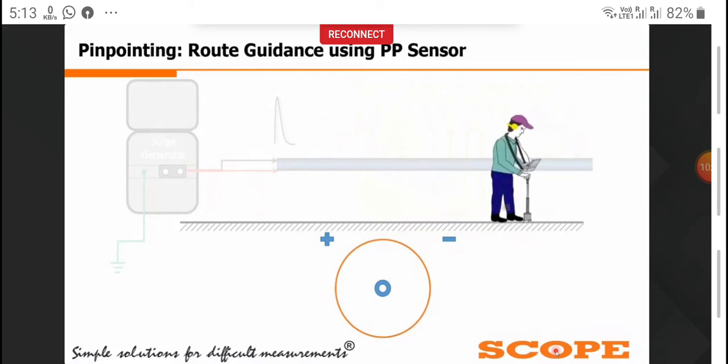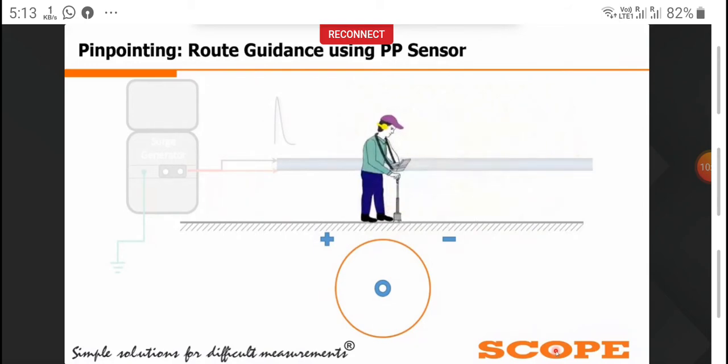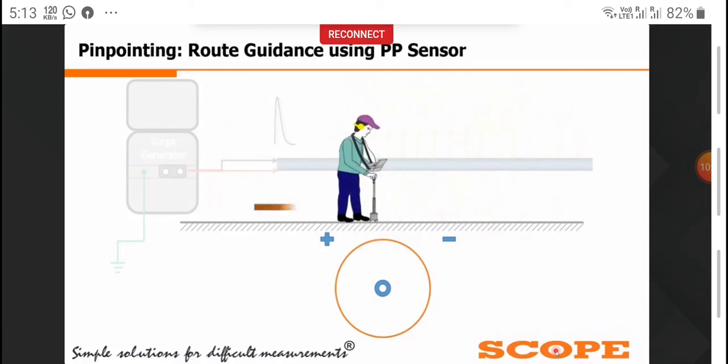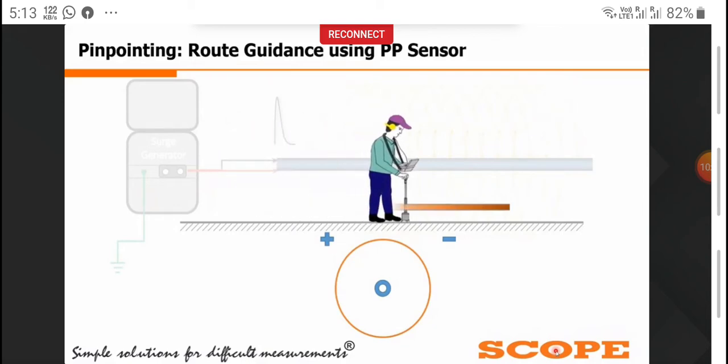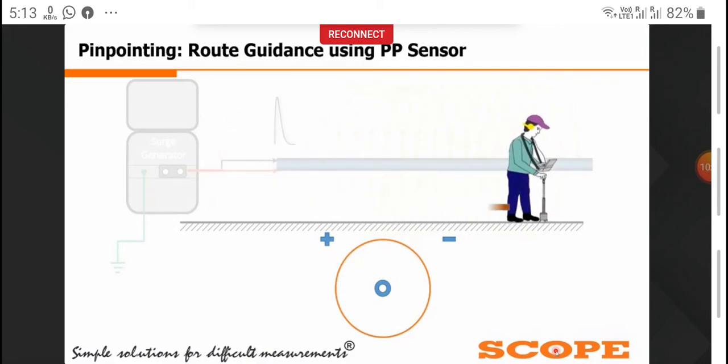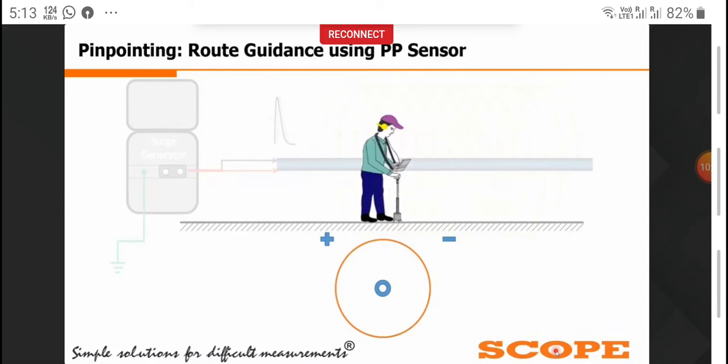This positive magnetic field is detected by the receiver, and indicating arrows will also be displayed on the receiver. So it will guide the user on the sensor position, and the sensor's next position I will explain in the next slide.